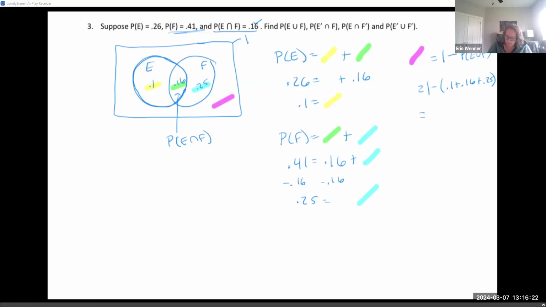So if I add those up, I'm going to have 1 minus 0.51, which gives us 0.49. So now that we have filled in this Venn diagram, we can actually get to what they're asking us. So the first question is, find E union F.